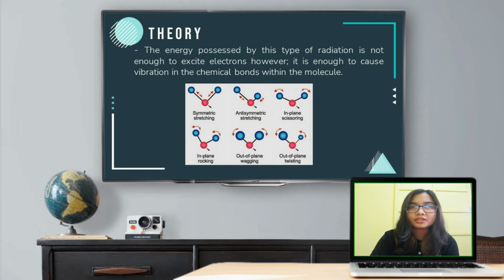These vibrations can be classified as symmetric, antisymmetric, deformation, wagging, rocking, and twisting. Just for a simple introduction regarding these vibrations, whether the stretch of a bond in a molecule is asymmetric or symmetric depends on the relative movement of the atoms connected by the bond.